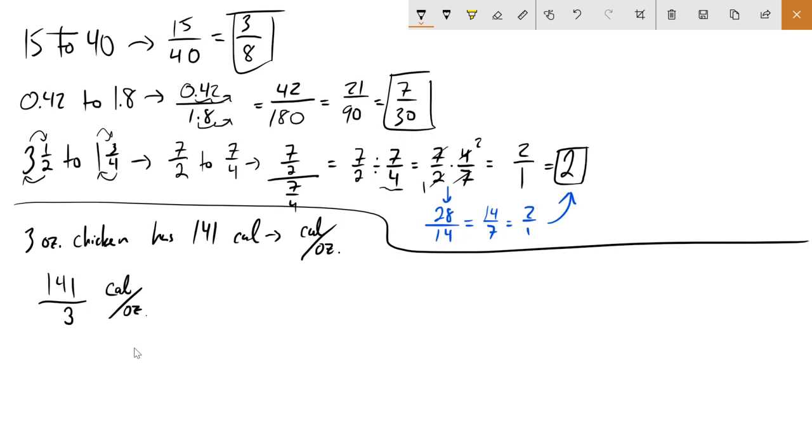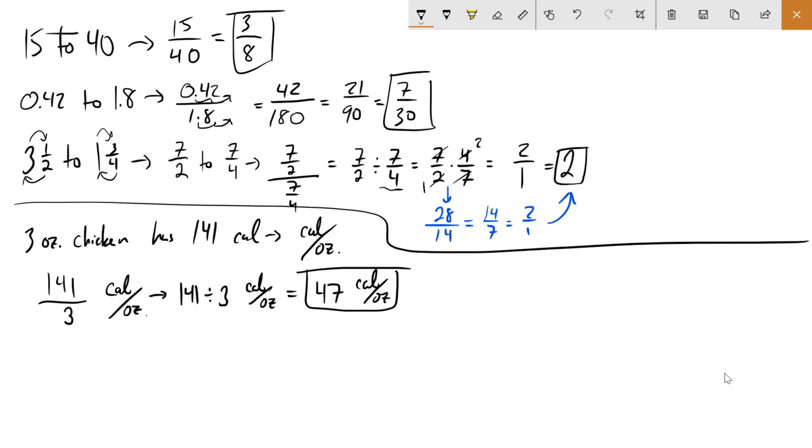So your division needs to match the way the rate looks. To do this, we take 141 and divide by 3. What does that come out to be? 47. Is it 47 even? So it's 47 calories per ounce. That would be the unit rate for the chicken.